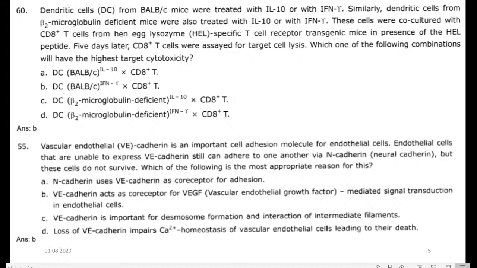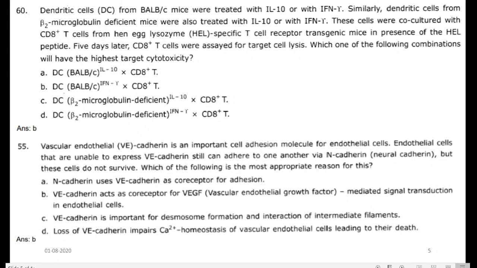As per the statement, we all know, we discussed this same concept yesterday. Whenever you are co-culturing cells, the dendritic cells play a vital role.